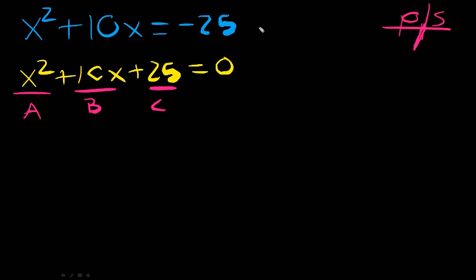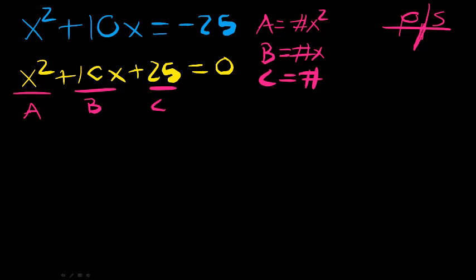The A term will always have a number and the x squared. The B term will always have a number and just the variable x, and the C is just a number by itself. So know what the A, B, C's mean.